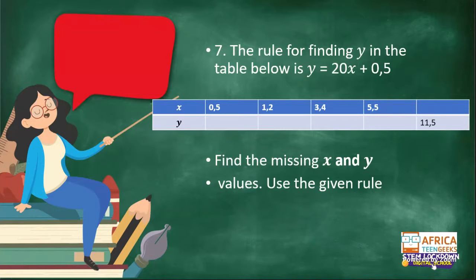Now, this is one of the homeworks that I gave you at some point where we needed to find the rule. The rule for finding y in the table below is given by y is equal to 20x plus 0,5. Now, you need to find the missing x and y values.